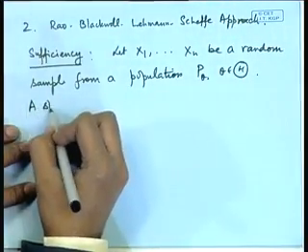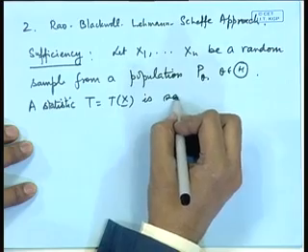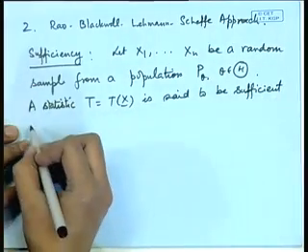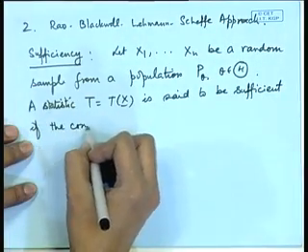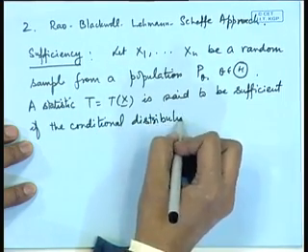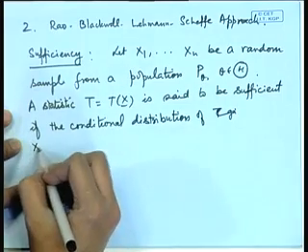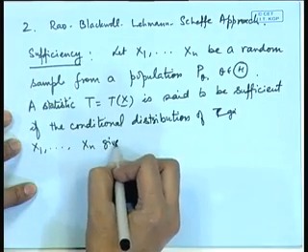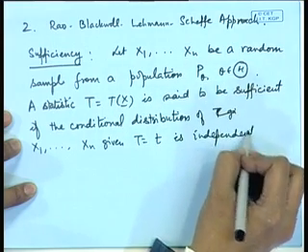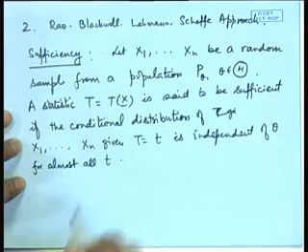Then a statistic T is said to be sufficient if the conditional distribution of x1, x2, ..., xn given T = t is independent of theta for almost all t.